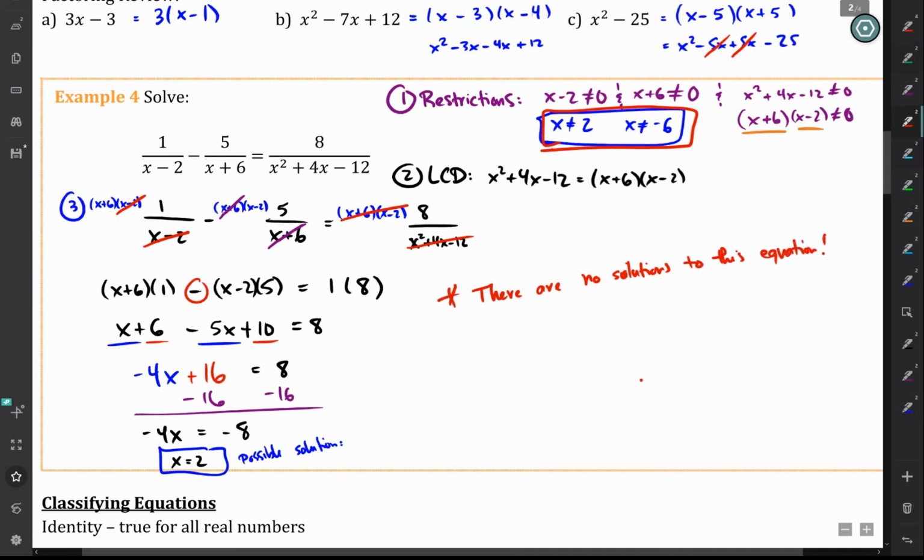That's because the only possible solution you could have is x equals 2, but if you do that, then you'll get 1 over 0 when you plug 2 into that first expression, and you'll get 8 over 0 when you plug 2 into this expression on the right-hand side. So there are no solutions at all.